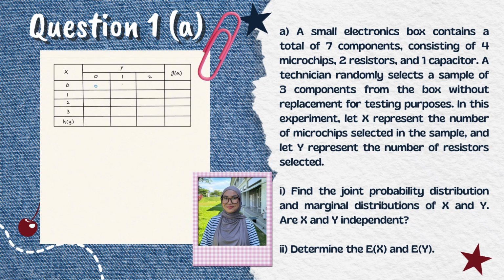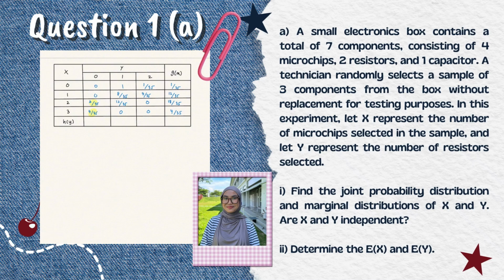The numbers calculated above using the combination principle will be put into the joint probability distribution table, where all of the numbers will be used to calculate the marginal distribution of both x and y. To find the marginal distributions of both x and y, we will add all of the numbers in their respective columns and rows, where it would be for gx 1 over 35, 12 over 35, 18 over 35, and 4 over 35.